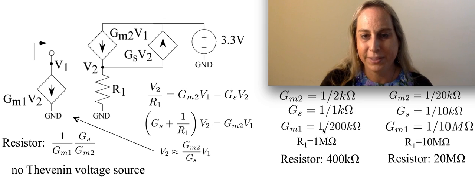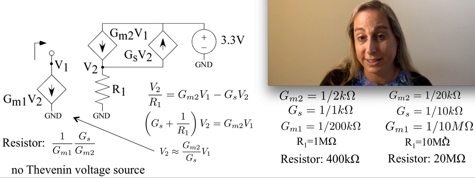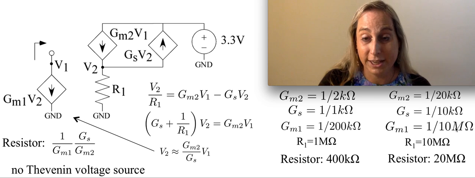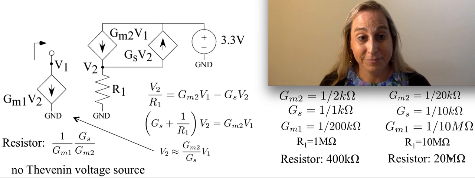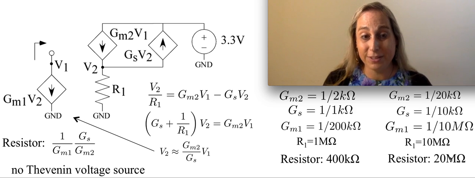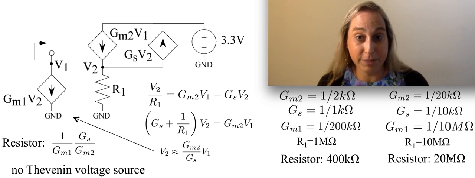For GM1, I get a resistor that's basically twice that, and for 10 megohm, it's roughly twice that. No problem. Notice there's no Thevenin source in this, because it's simply a resistor in its final solution.